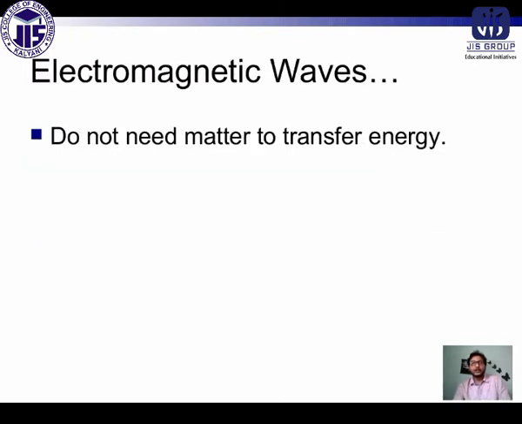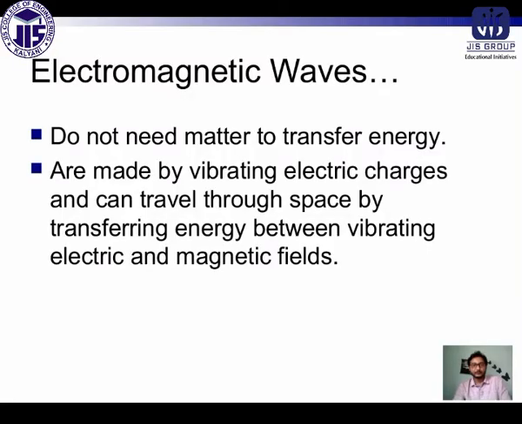Electromagnetic waves do not need any matter to transfer energy. It means the energy doesn't require any medium to travel or transmit from one place to another. It means they can travel through a vacuum also.